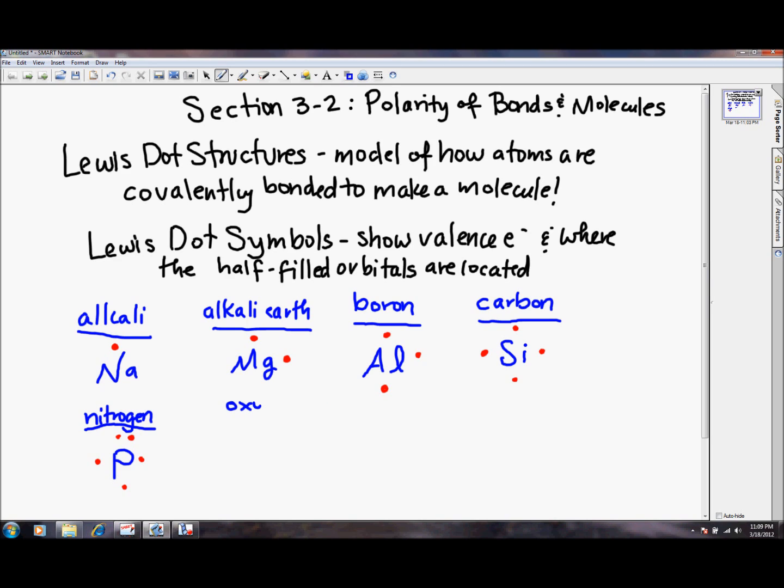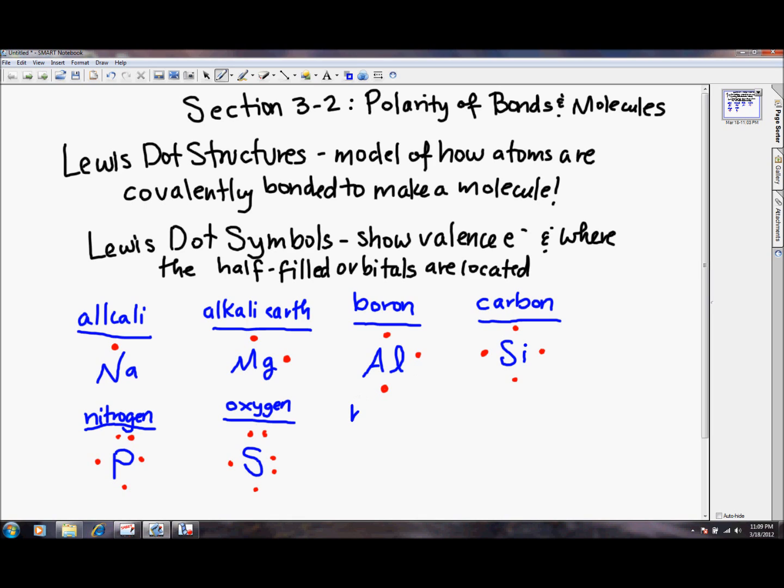Alright, the next family is the oxygen family, and I'm going to do the element sulfur. Remember, this family has 6, so just follow the same pattern. We're going to do 1, 2, 3, 4, 5, 6. You notice for the oxygen family, 2 sides have pairs and 2 sides have single dots.